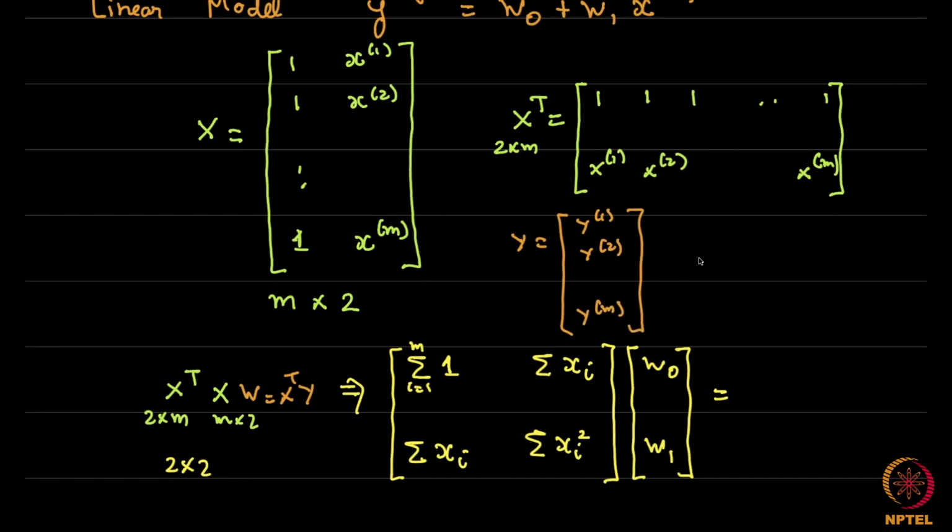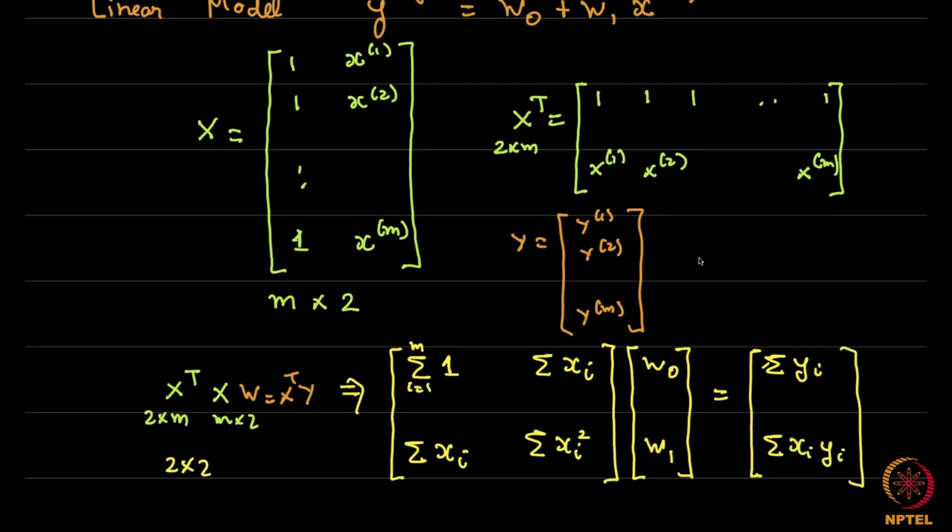Now what is X transpose y? It has to be a 2 cross 1 matrix. First row into first column is simply sigma y, and second row into first column is x1 y1 plus x2 y2. So this is sigma xi yi.